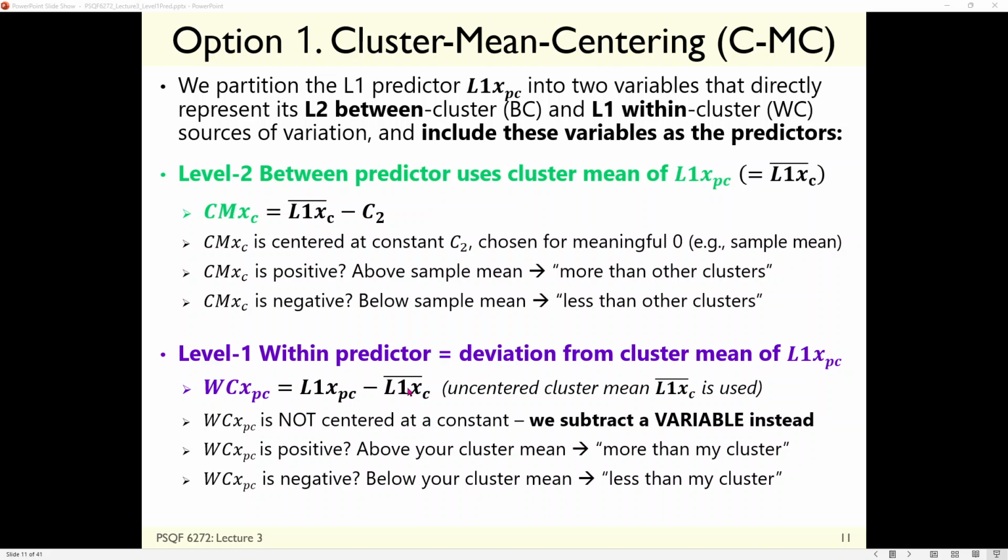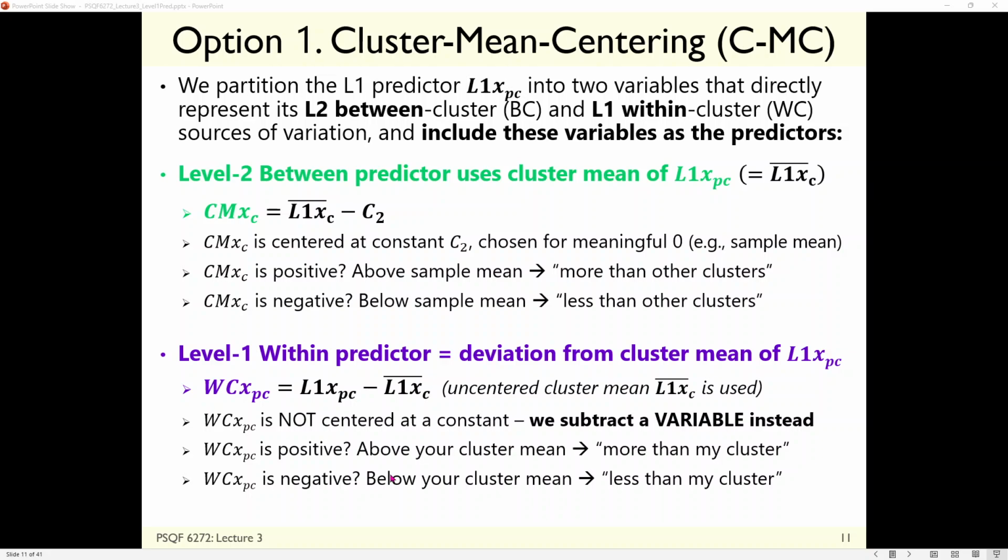We are removing all the school mean differences from this variable so that what's left is purely relative within-school information. So after I subtract the cluster mean, a score of 0 means that I'm average on this predictor with respect to my cluster. A positive score means that I'm above my cluster. A negative score means I'm below my cluster.